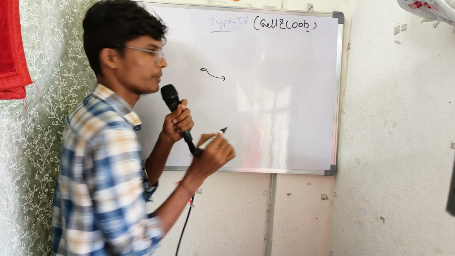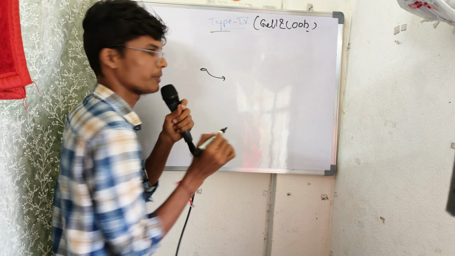The APCs will present this viral antigen to CD8 plus cytotoxic T cells. Then these cytotoxic T cells will produce granzymes and perforins. These two make the infected cell land up in apoptosis.